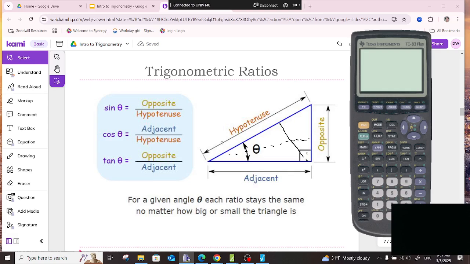But sine is always going to be the opposite of the angle you're talking about over hypotenuse. Cosine is going to be adjacent over hypotenuse. And tangent is going to be opposite over adjacent.